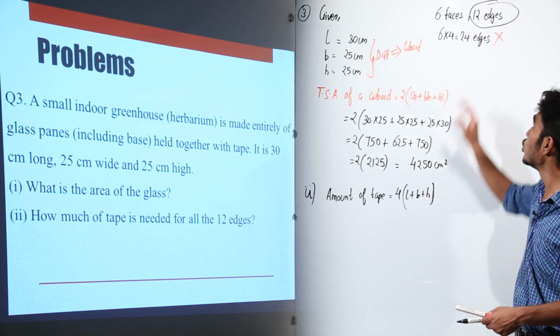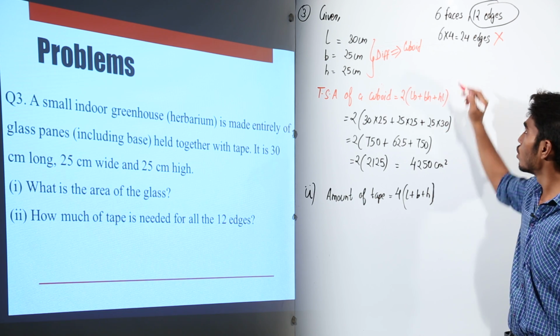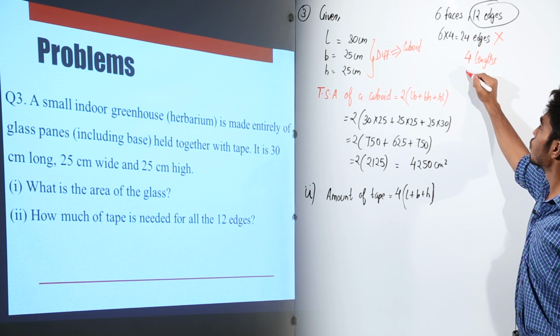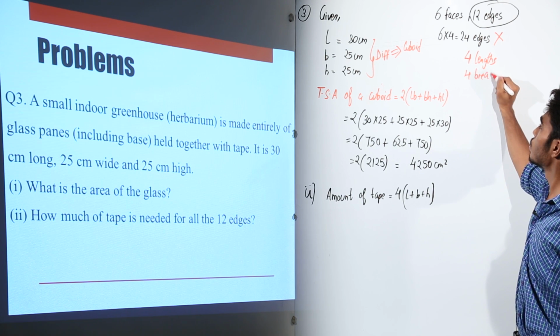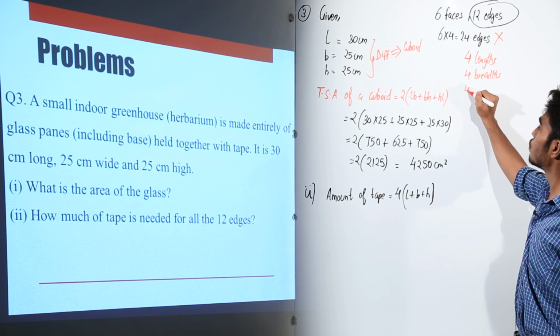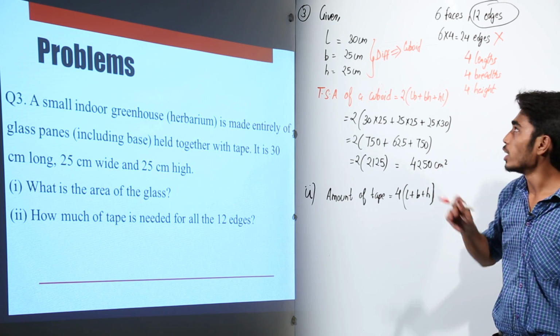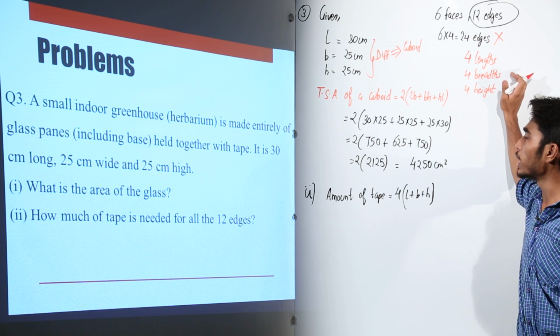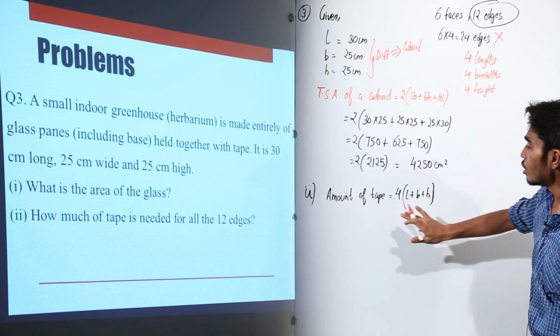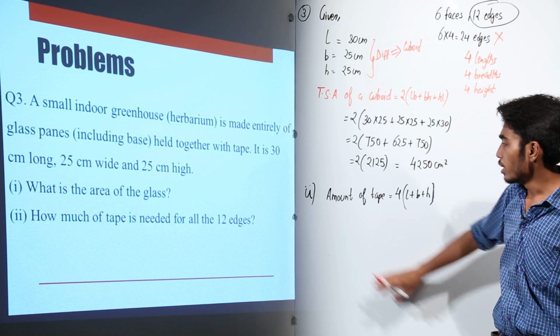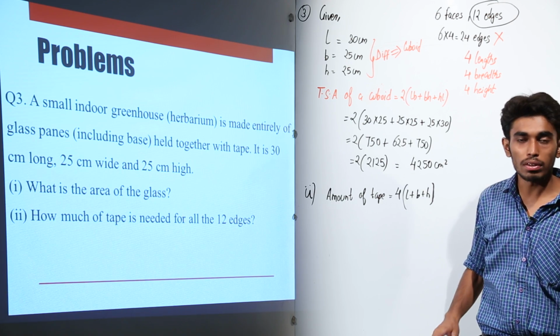Now because in those 12 edges we have 4 lengths, 4 breadths and 4 heights, I have written 4 into L plus B plus H, which would be equal to the amount of tape that we need.